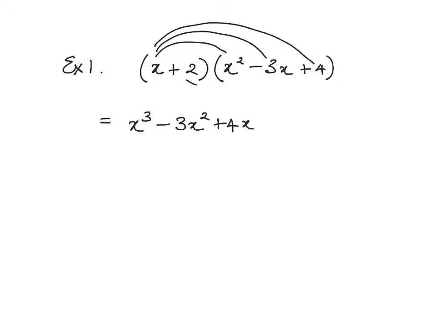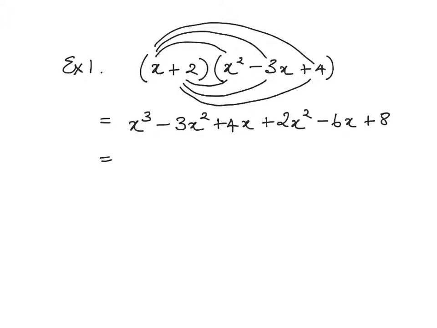Then we have plus 2 times x squared is plus 2x squared. Plus 2 times minus 3x: plus times a minus is a minus, and that's going to give us minus 6x. And the last term in the expansion is plus 2 times plus 4, that's plus 8.